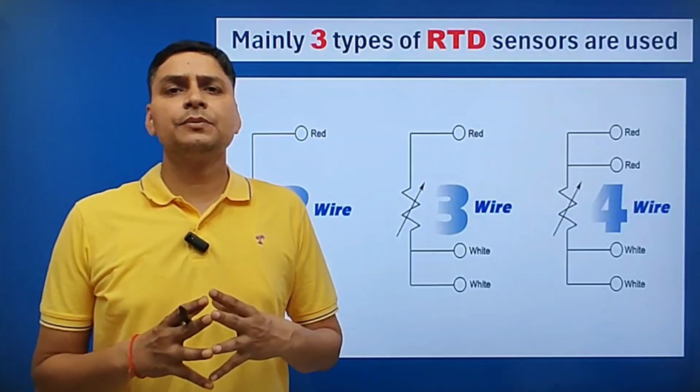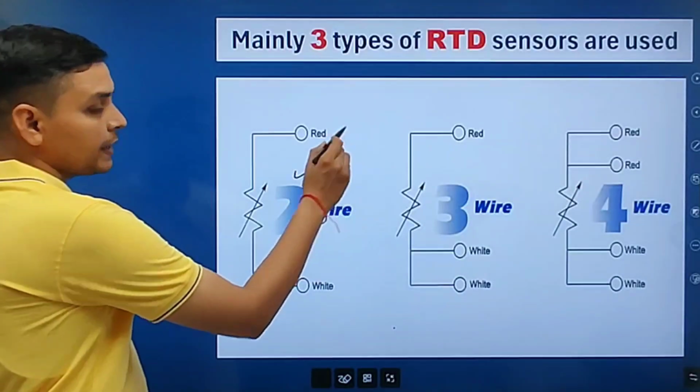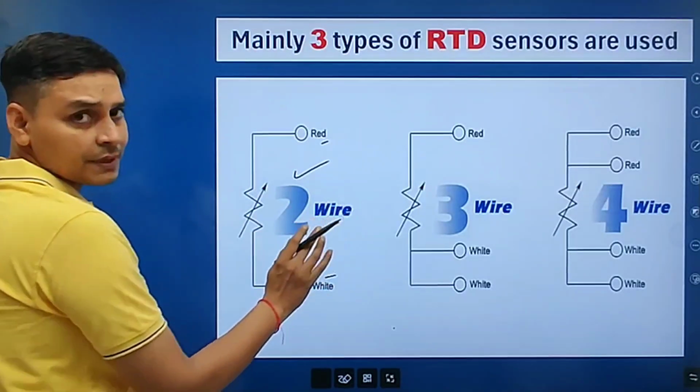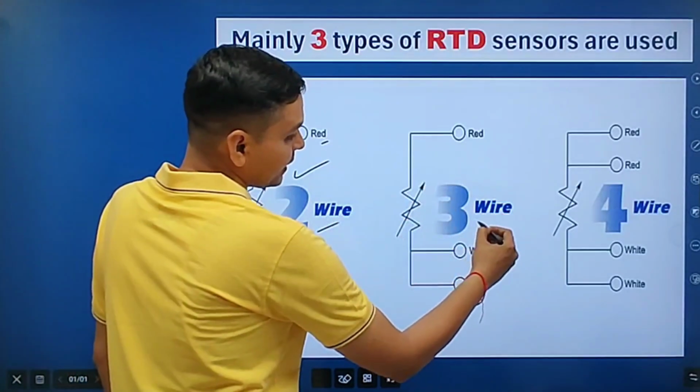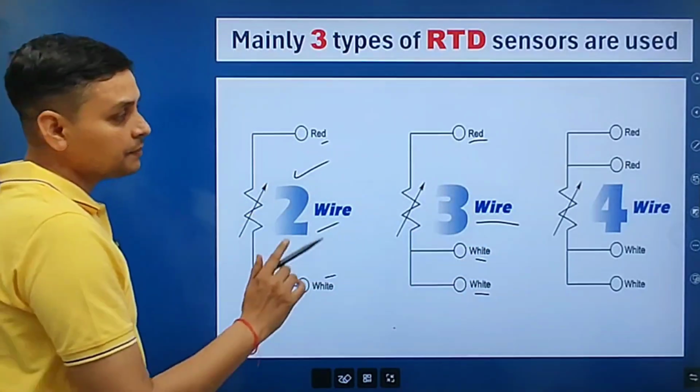Friends, mainly 3 types of RTD sensors are used. The first is 2-wire RTD, where 1 and 2 wires are used. Second is 3-wire RTD, where 1, 2, 3 wires are used.